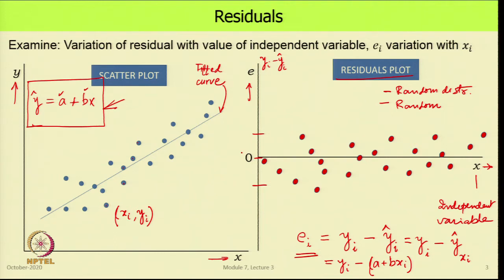Some of these residuals could also be non-dimensionalized and expressed as a percentage, and all good experimental data would always be accompanied by the residuals plot. A very carefully done, very thorough experiment will have residuals in a smaller range, while others may have residuals falling in a larger range.